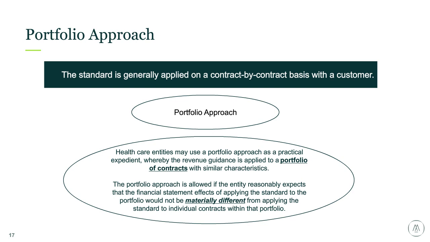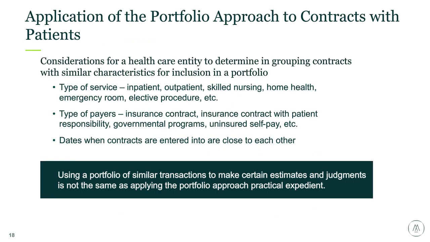And the important point here is the portfolio approach is allowed if the entity reasonably expects that the financial statement effects of applying the standard to the portfolio would not be materially different than applying it to each individual contract within that portfolio. So essentially, the sum of the individual parts needs to be pretty darn close to the whole for that to work. But we do have the ability to apply portfolios in implementing this standard.